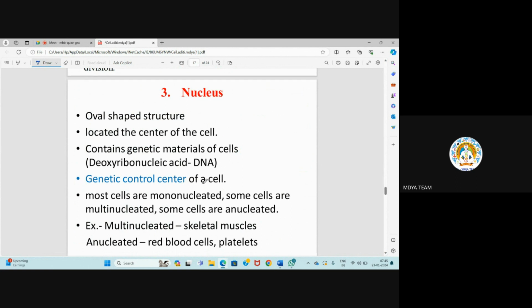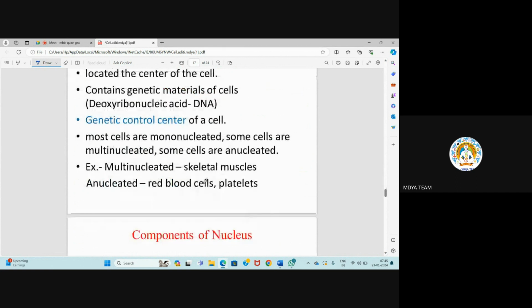Most cells are mononucleated, some cells are multinucleated, some cells are anucleated. Most of the cells have one nucleus only, that is mono. Mono means single.